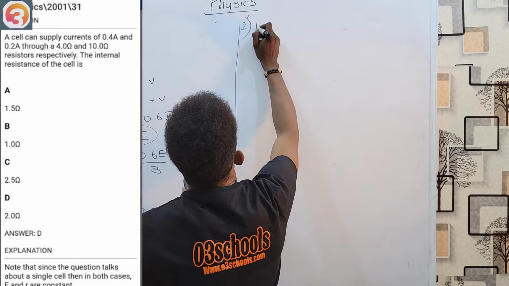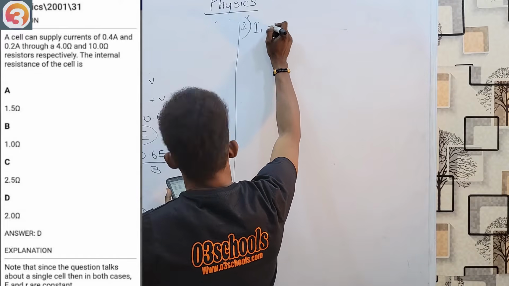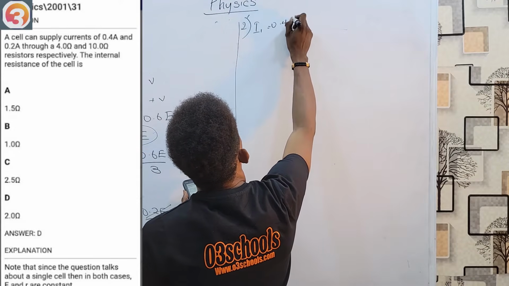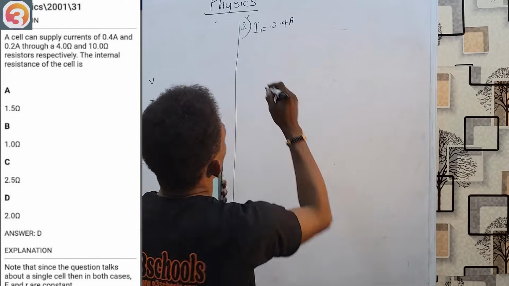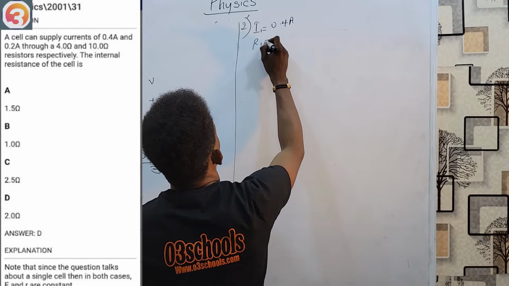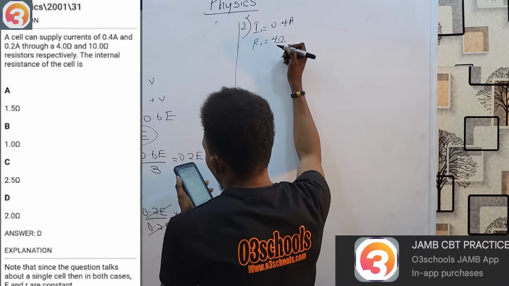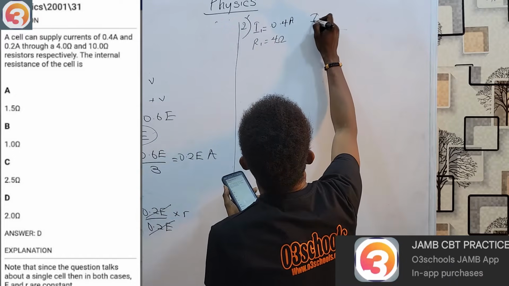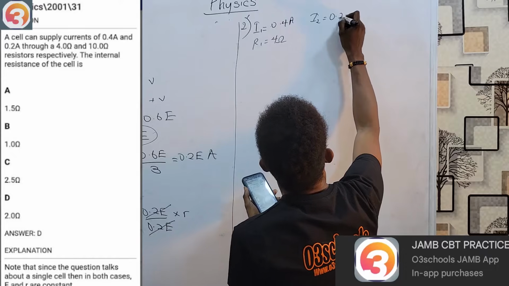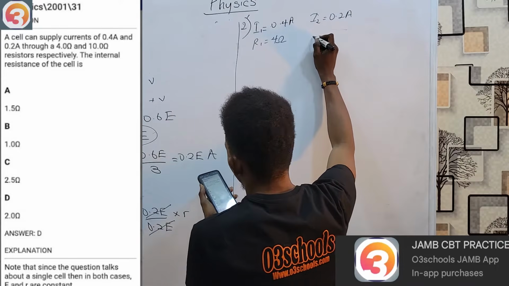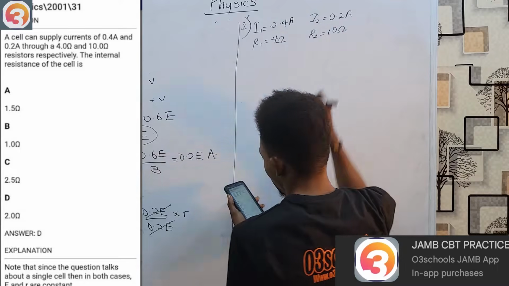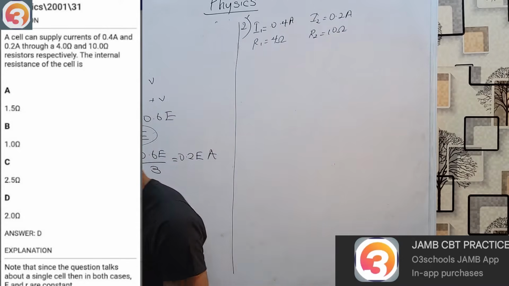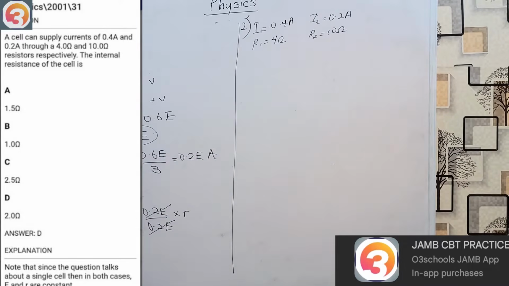That means the current is 0.4 ampere when the resistor is 4 ohms, and the current is 0.2 ampere when the resistance is 10 ohms. We are then asked to find the internal resistance of this cell.